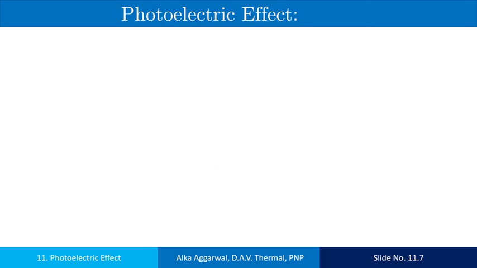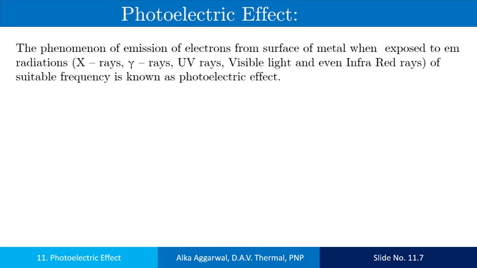Now we come to the main topic, that is the photoelectric effect. Whenever light is incident on the surface of a metal, electrons come out. And if we make some arrangement so that it constitutes a current, then this effect is called the photoelectric effect. So what is the photoelectric effect? The phenomenon of emission of electrons from the surface of a metal when it is exposed to electromagnetic radiation of suitable frequency is known as the photoelectric effect.